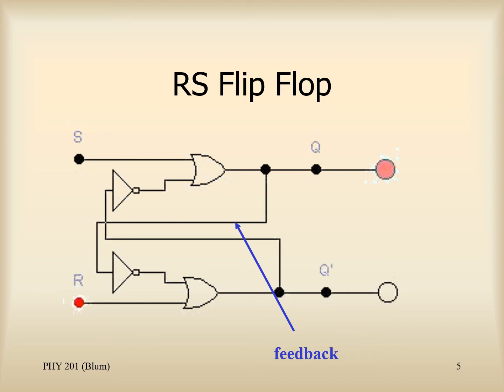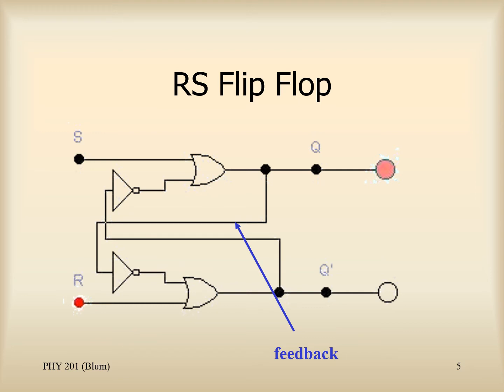Then the logic part consists of two OR gates and two NOT gates. On the wire coming out of the upper OR gate that leads to the Q output, we see a junction, and that is coming back around, going through an inverter, a NOT gate, and then coming into one of the inputs of the lower OR gate associated with the Q prime.